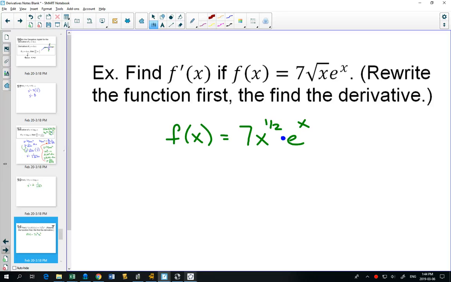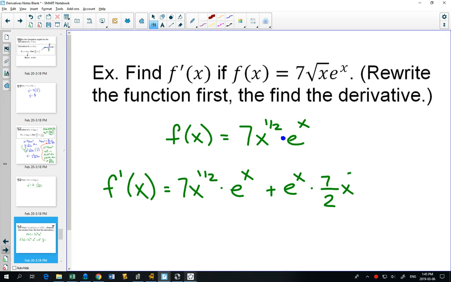So now we're going to use our product rule, which says keep one the same, so I'll keep the first one the same, times by the derivative of the other one. So we keep one the same and we change the second one. Perfect. Then we keep the second one the same and change the first one.